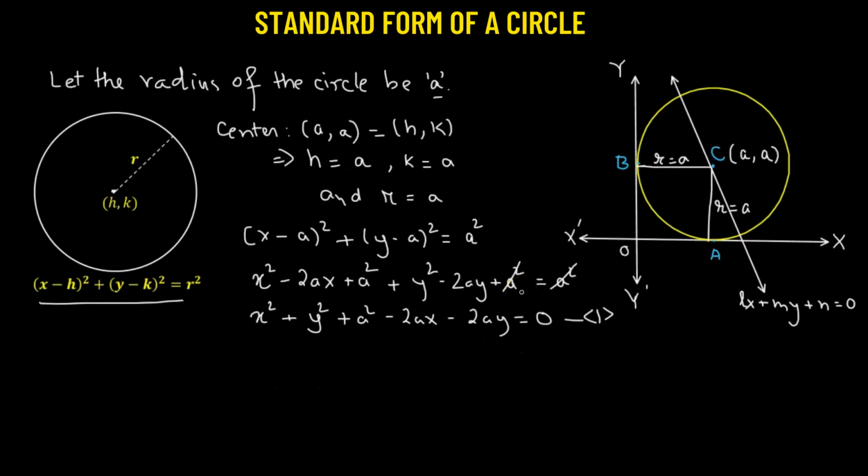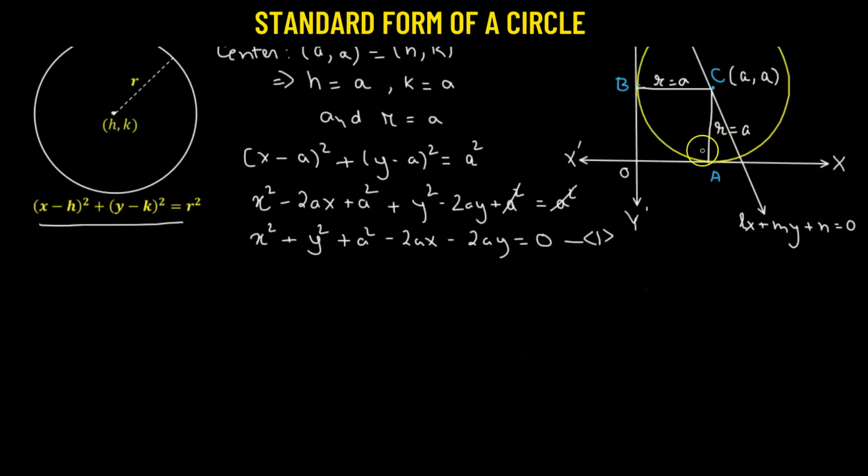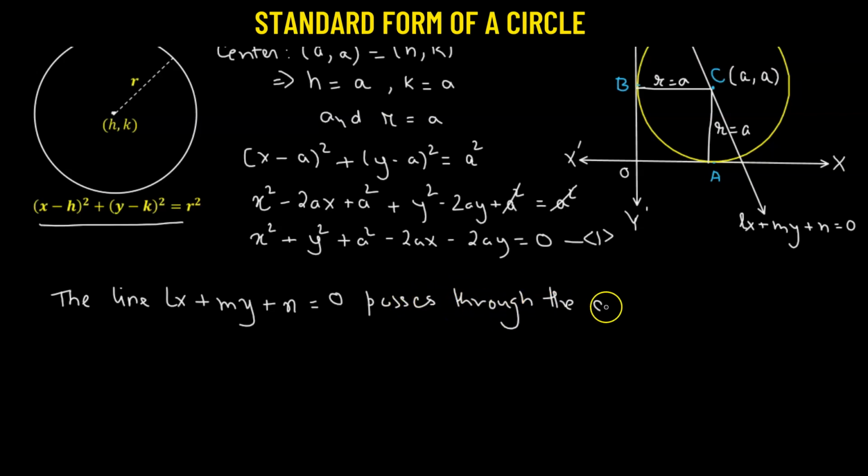Now we have already mentioned that this line passes through the center. The line lx + my + n = 0 passes through the center C, which is the coordinate (a, a). So this means that this coordinate point is going to satisfy the equation of the line.